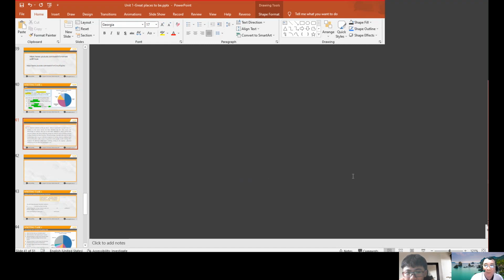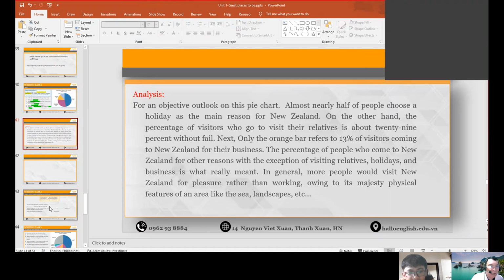In general, more people would, okay, holidays, comma, okay, would visit New Zealand for pleasure rather than working owing to its majesty, physical features of the sea, landscapes, etc. Okay, so this would be final. Actually, there would only be minor corrections, Koi.